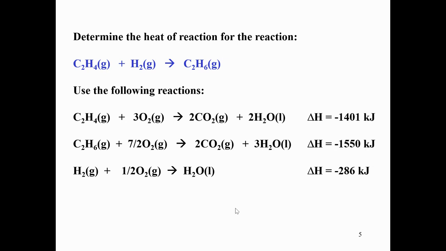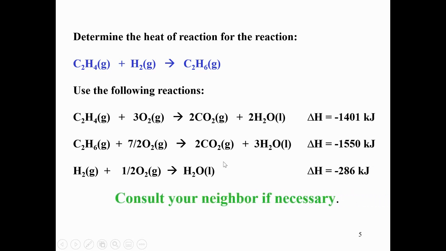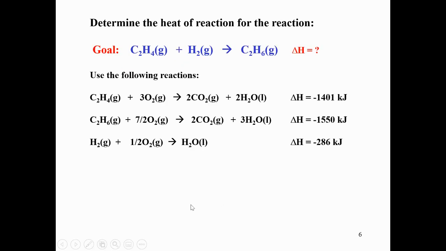So let's start at the top. C2H4. We don't have a neighbor. Okay, so that's my goal equation. So what can I do here? I have C2H4. Which equation's got a C2H4 in it? Only the first one, right? Is the C2H4 on the correct side? Yes, it is. Do I have to do anything to it?